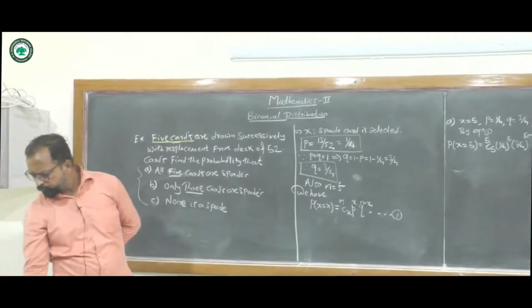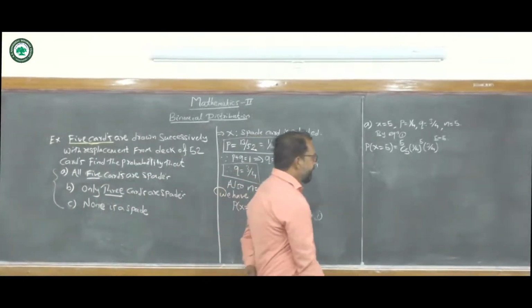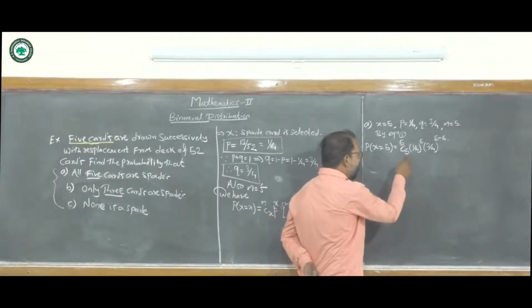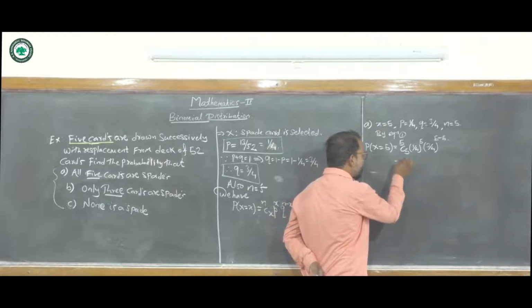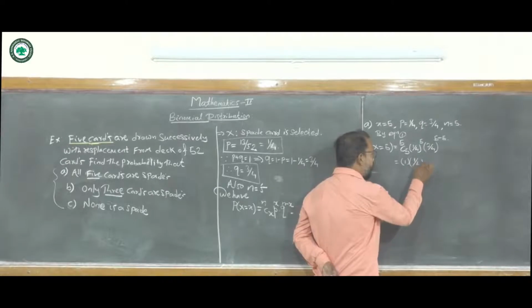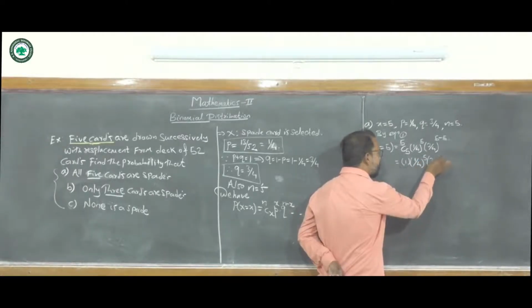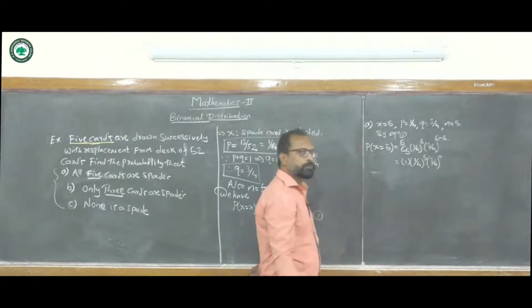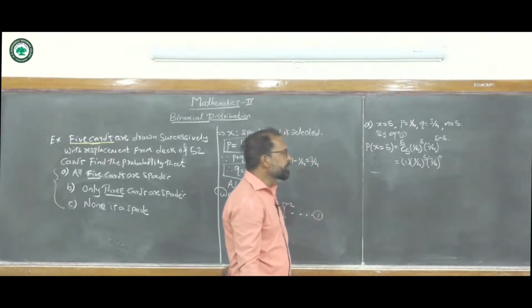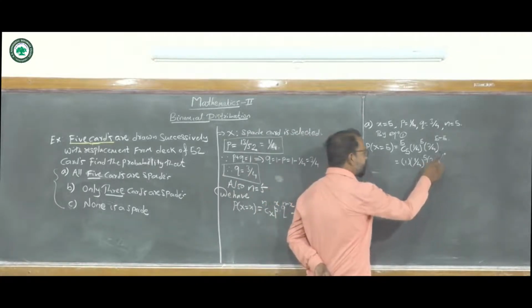Now take the calculations. 5C5 means 1. So it becomes 1 into 1 upon 4 raised to 5 into 3 upon 4 raised to 0. Now 3 upon 4 raised to 0 means again 1.